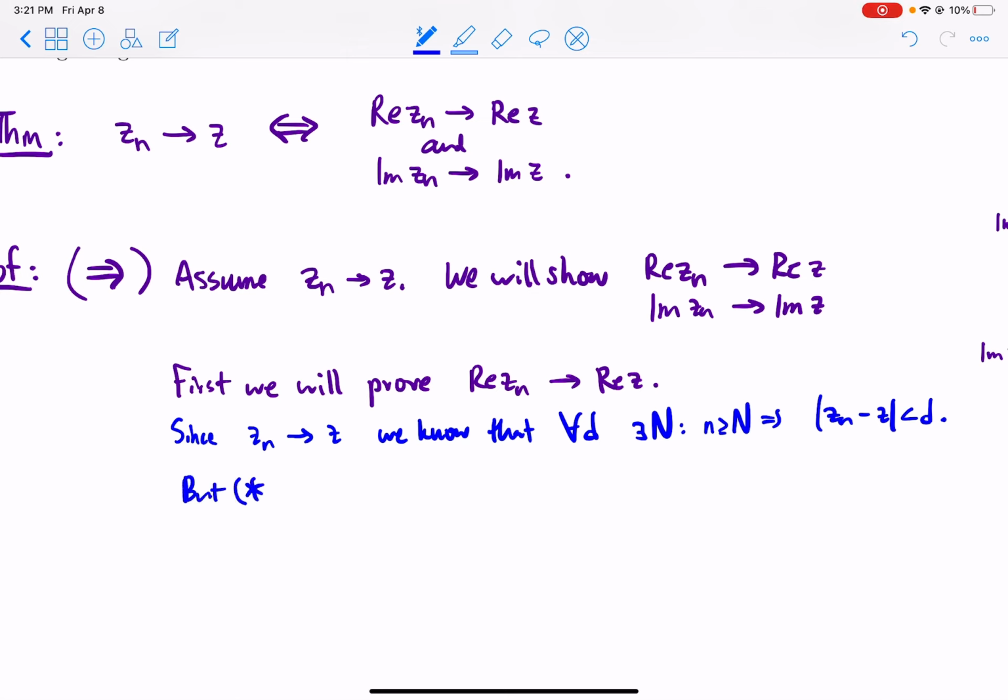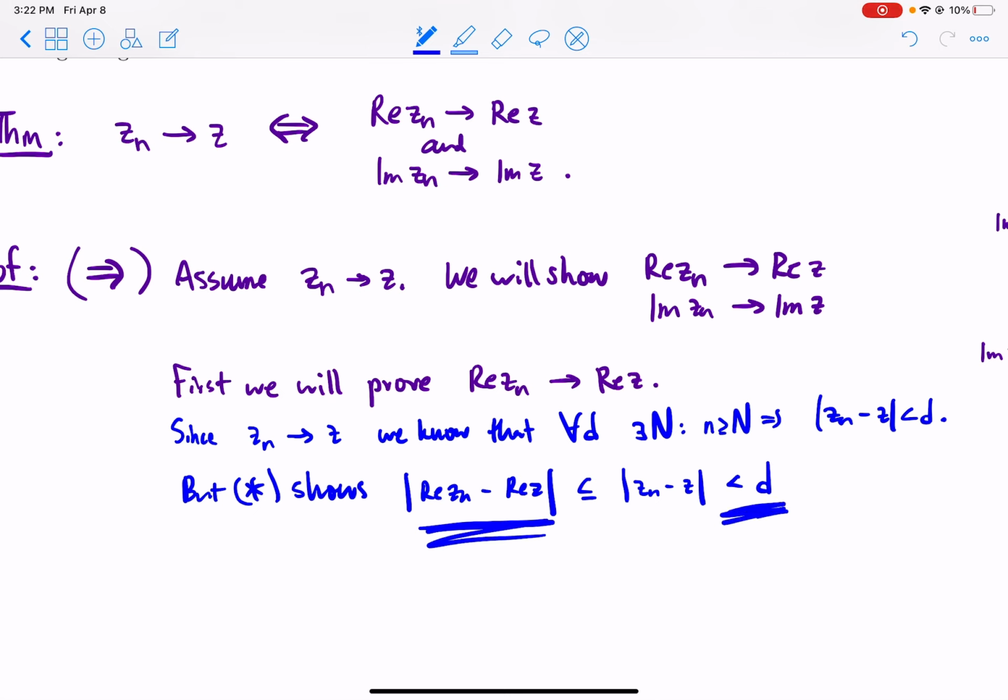But star shows that the size of the real part of Zn minus the real part of Z will be less than or equal to the absolute value of Zn minus Z, which is less than d. And so this means that the same capital N will work.